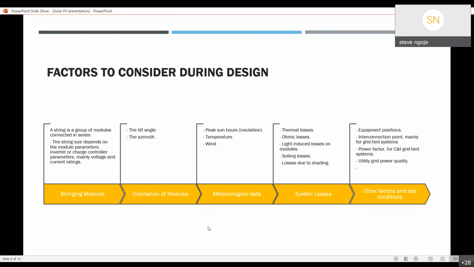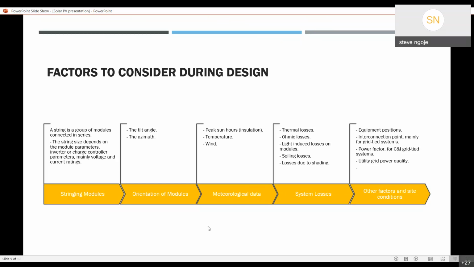Light-induced losses on modules. From the moment the module has been put out there in the sun, it starts to depreciate because of light. So that's pretty much what light-induced losses are. The modules will always depreciate once they've been exposed to environmental conditions like light.